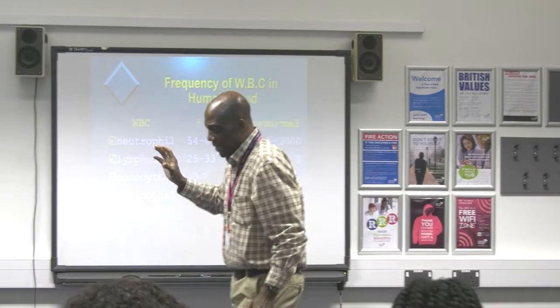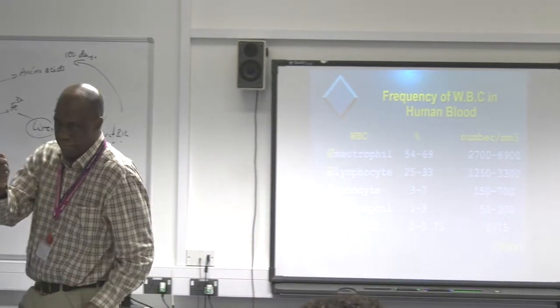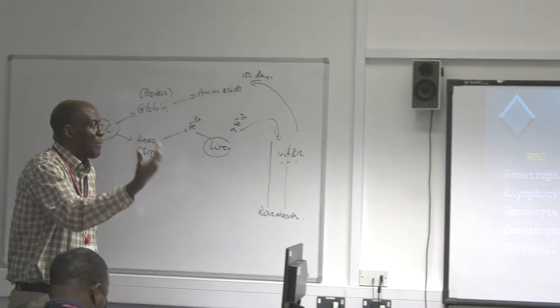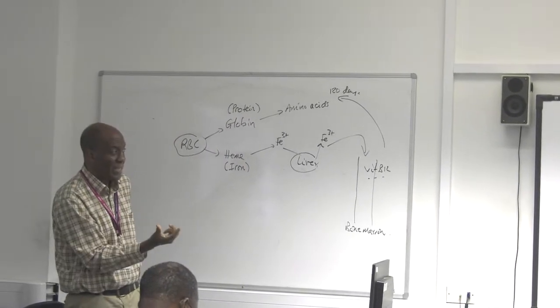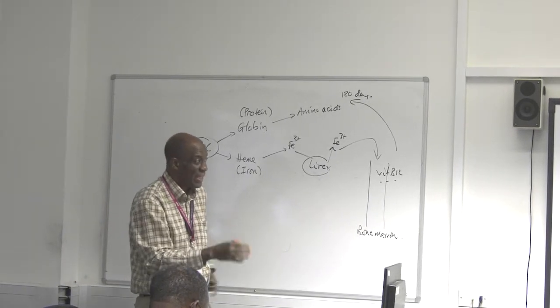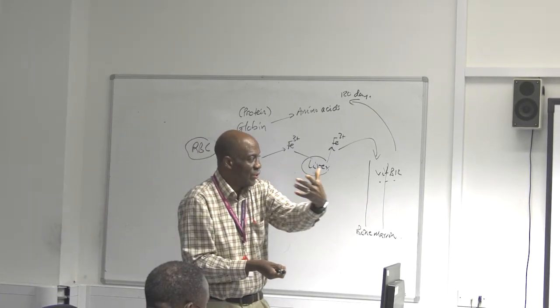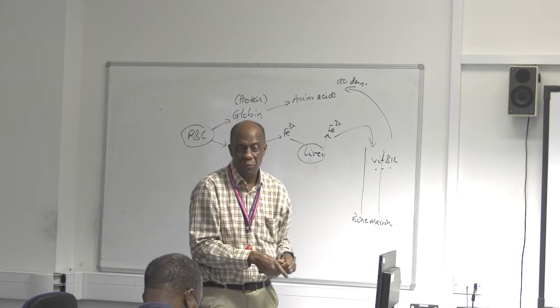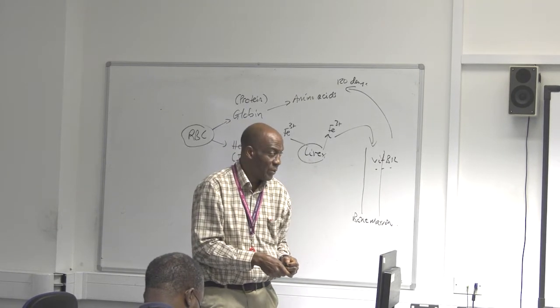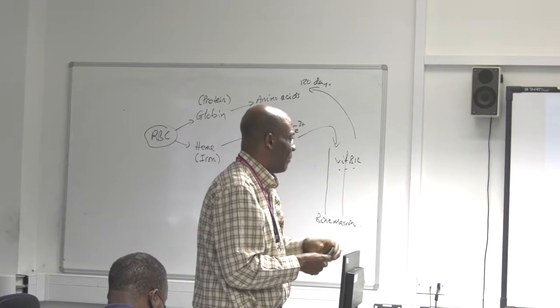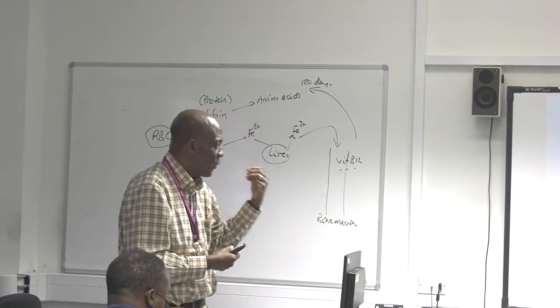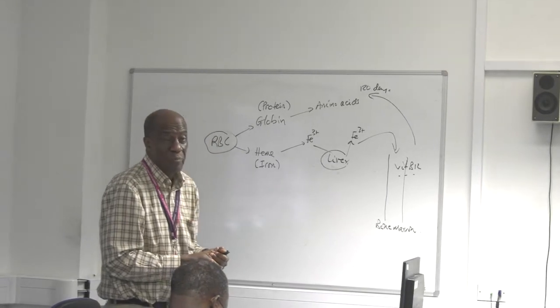Okay, so I'm targeting your assignment brief because very soon, the half term is coming. I'm giving you a guide as to how to research to meet the requirements of the assignment brief. So we've got a neutrophil, a lymphocyte, a monocyte, an eosinophil, and a basophil.